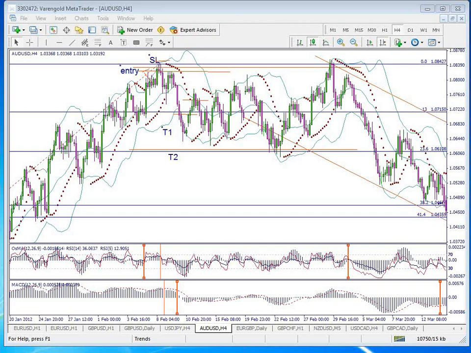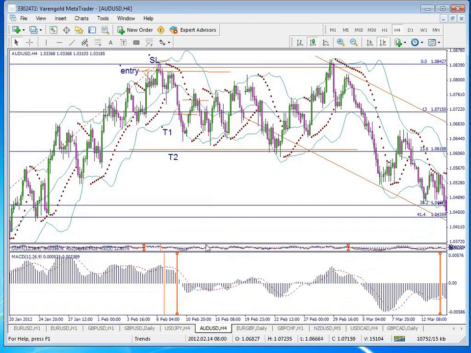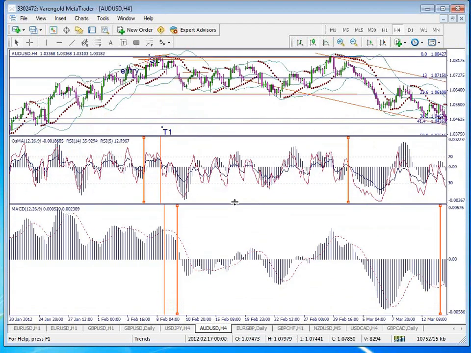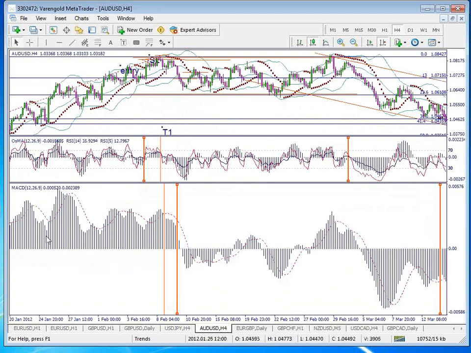Eric is asking me, is MACD confirmation only when the red line moves outside of the histogram, or are there other signals to look for? For MACD, we have the histogram and we have that red line.